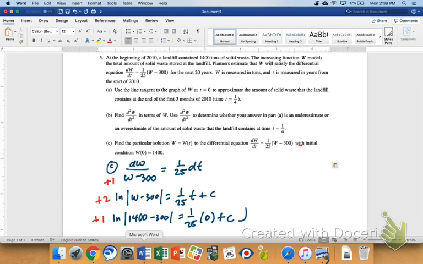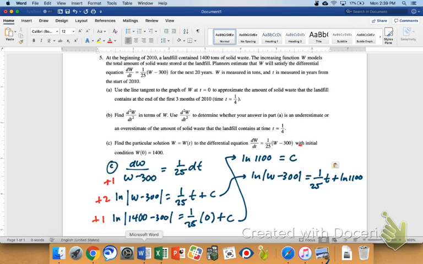Okay, so now it's just a matter of trying to figure out what C is and getting it plugged in there. I'm coming up with ln of 1100 is equal to C. And then I've got this to help me. It'll be ln of W minus 300 with the absolute values in there equals 1/25 T plus ln of 1100.